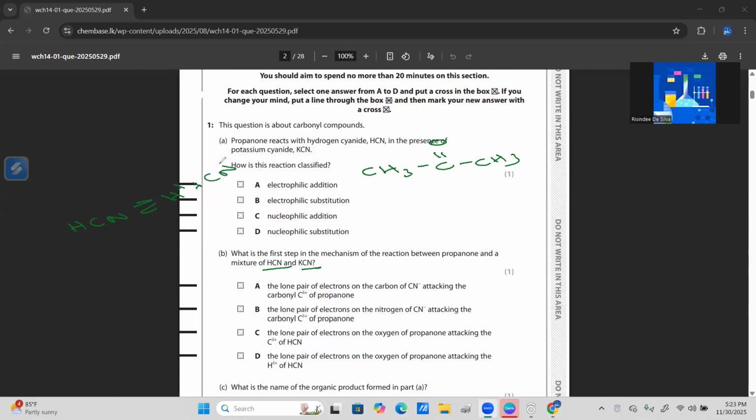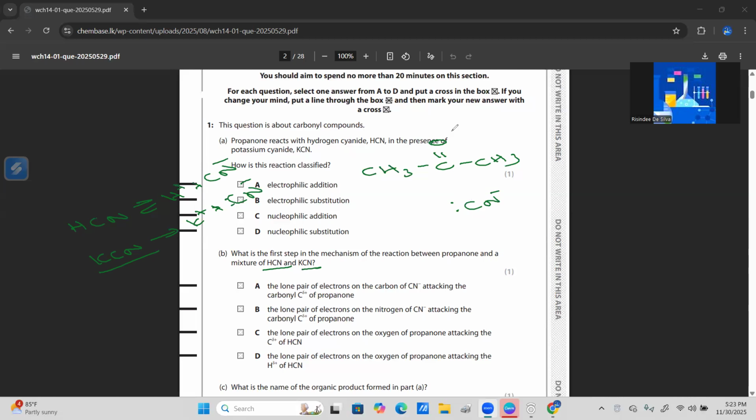Therefore, it partially gives cyanide to the medium. But when we have KCN, it's a strong electrolyte. So you have cyanide ions in the medium because of KCN. Therefore, we have cyanide ion. And remember that the lone pair should be on carbon.